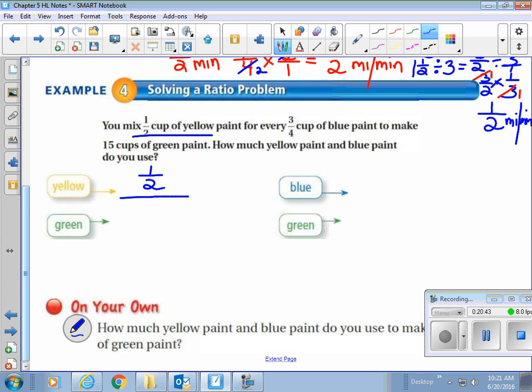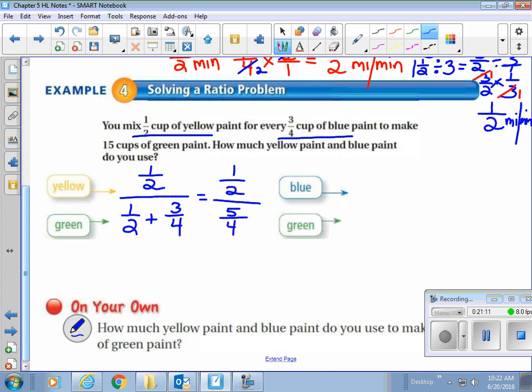So the bottom of my fraction needs to be my yellow still, my 1/2, plus my blue. Yellow plus blue is green. So we would have to add those two together. We'd still have 1/2 up top. If I add 1/2 to 3/4, I'm going to write it as an improper fraction. That gives me 5/4.